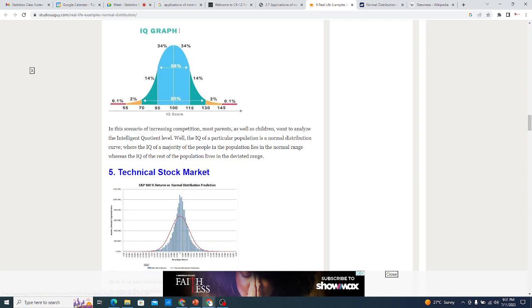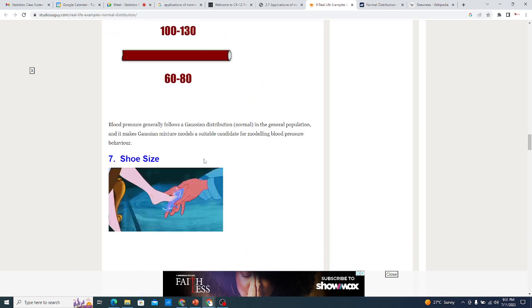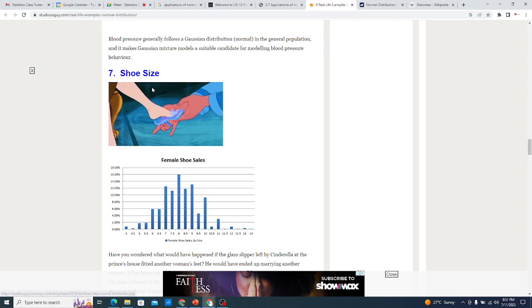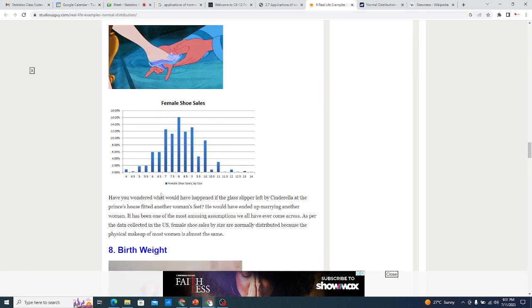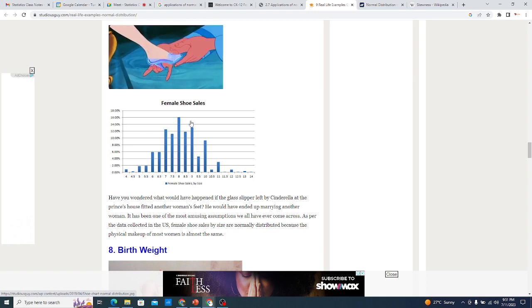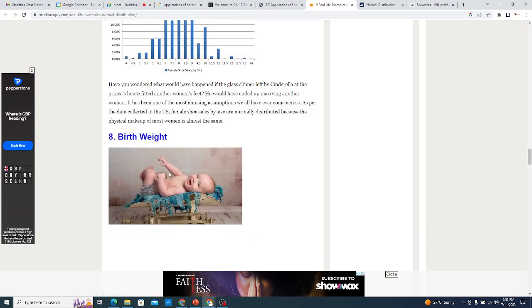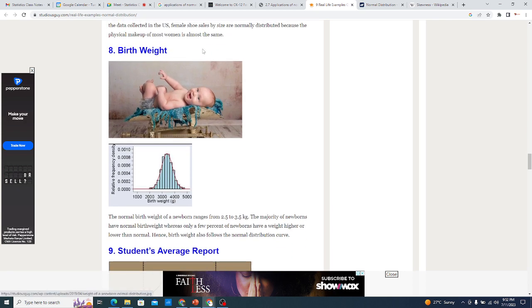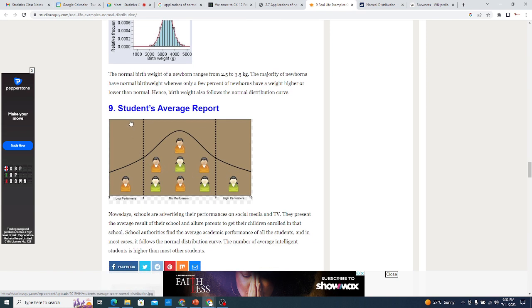We also have the stock market, blood pressure measures, and shoe size. Along the x-axis we have the shoe size, and along the y-axis we have the distribution, either as a percentage of the total population or as an individual count. Same for birth weight, and student average reports: the mid performers, the high performers, and low performers.